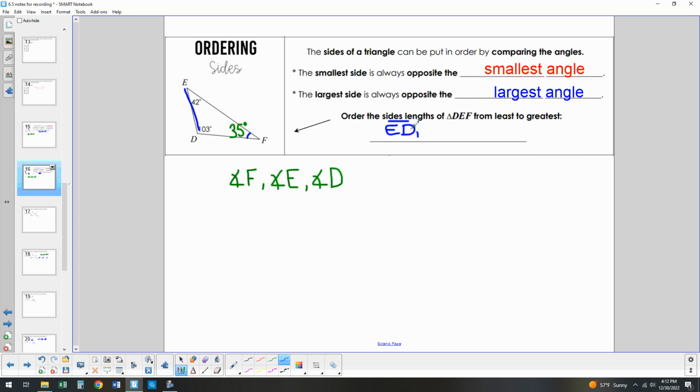After E, F and D were not used, so we'll use FD next. And then for D, I didn't use F and E, so that's my biggest side. It's always the one that was opposite it. So if this is where 35 was, that opens up to this side.